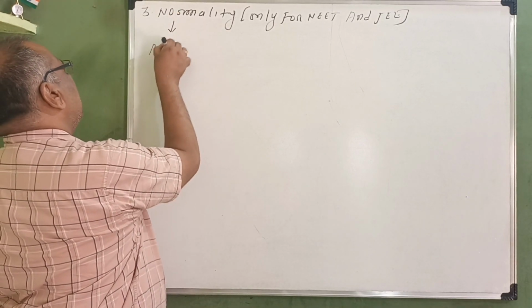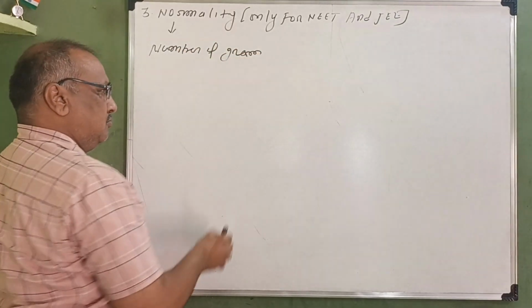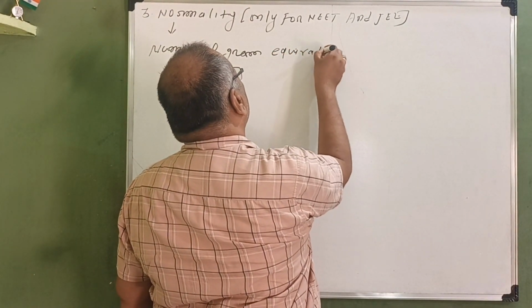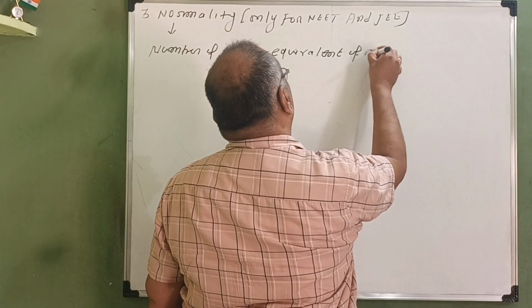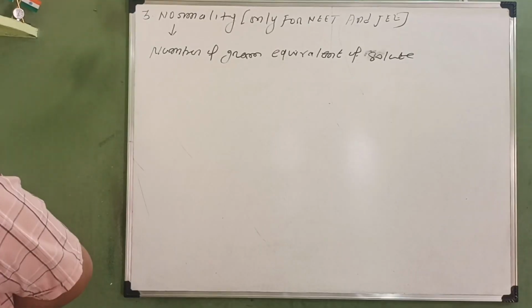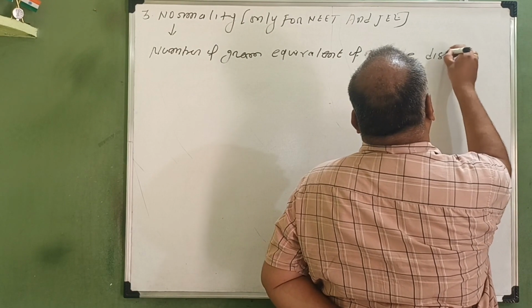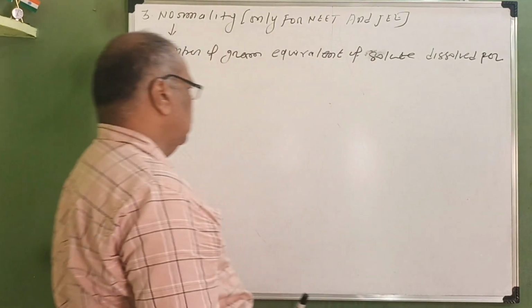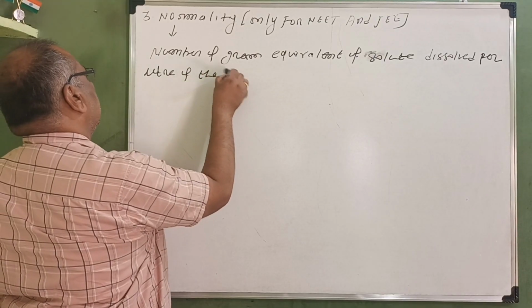That means here, the number of gram equivalents of solute dissolved per liter of the solution.